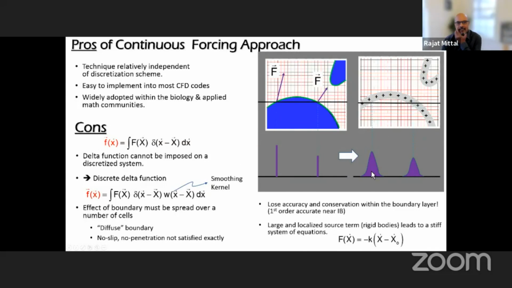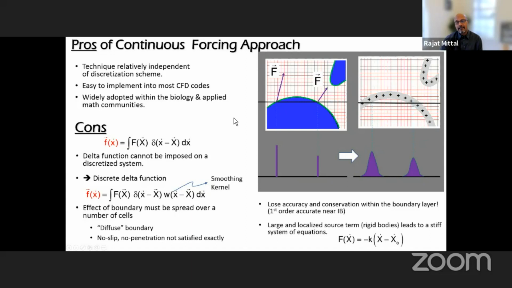So that's the primary disadvantage of Peskin's diffuse interface method: the boundary gets diffused over a few grid cells, so you don't get a very sharp representation of the boundary. But of course, this method has significant advantages.